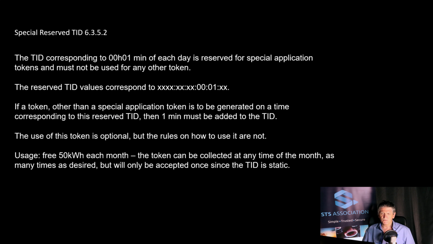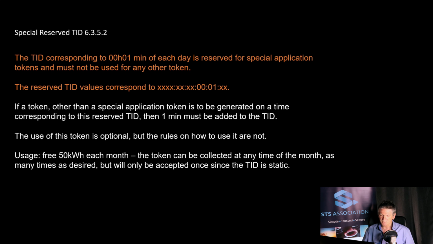There's also a special reserved token identifier, and you can look that up on 6.3.5.2. The TID corresponding to the first minute of each day is reserved for special application tokens. It must not be used for any other token. So the reserved TID value corresponds to a year, month, day, and 0001 of every day.